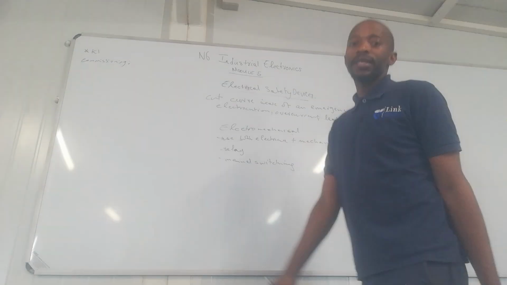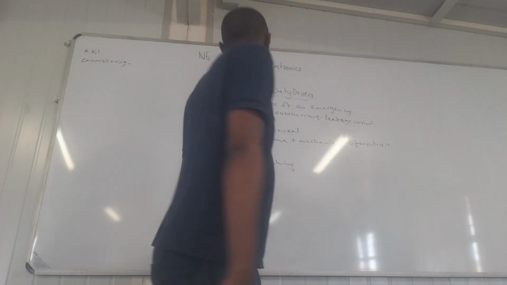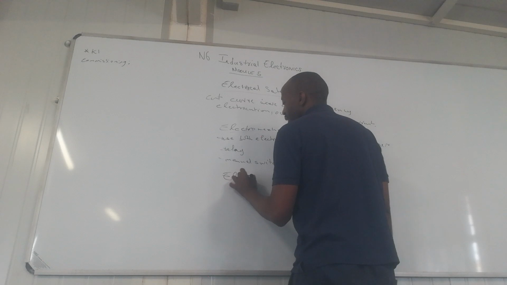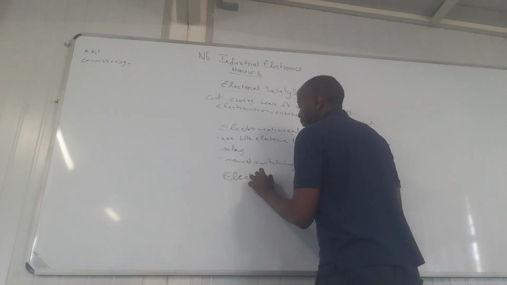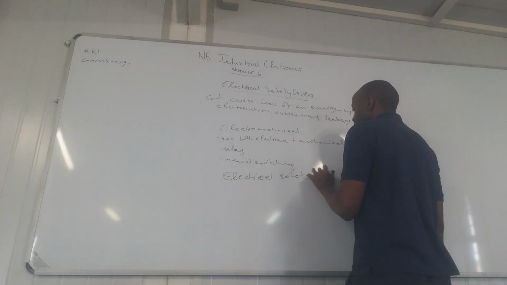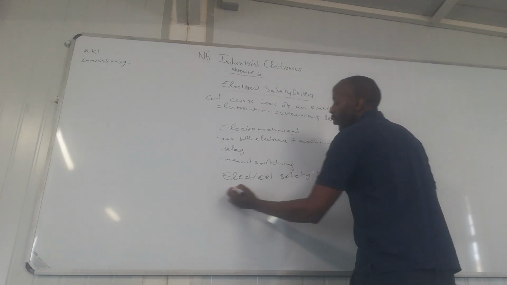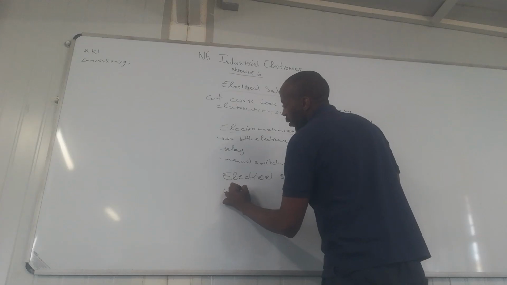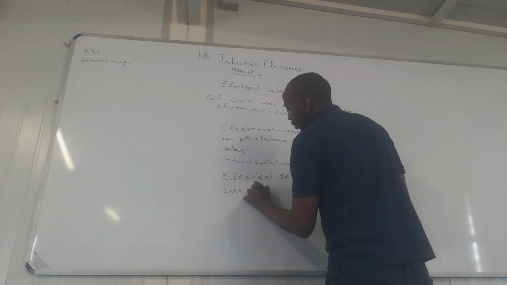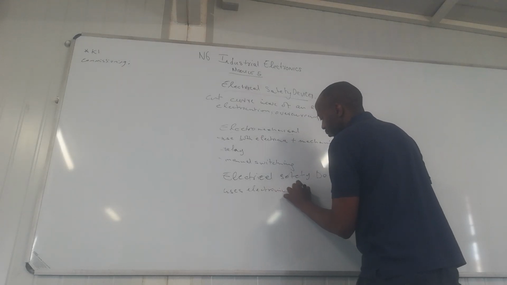Then we have a second electrical device, which is known as the simple electronic safety device. This one strictly uses electronic operation.